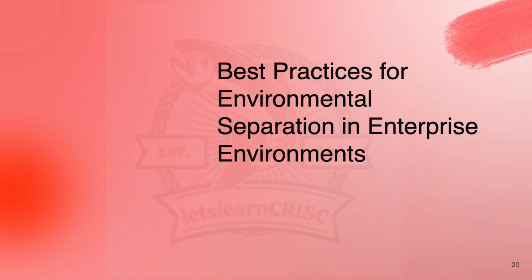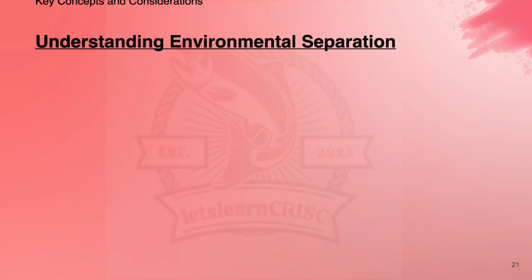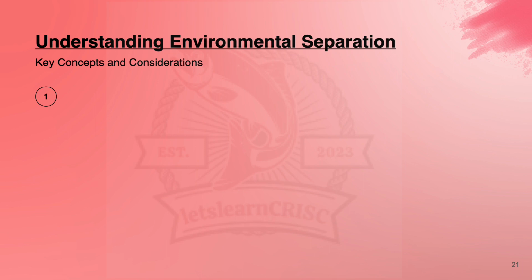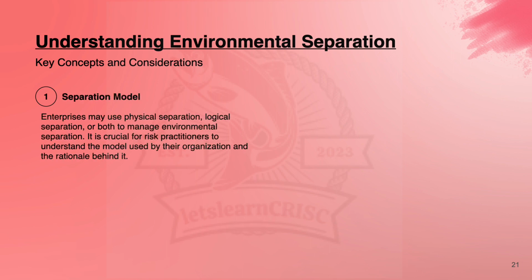Right? Moving ahead, we'll understand some environmental separation key concepts and considerations. That is the separation model first. Right? Friends, enterprises manage environmental separation using physical separation, logical separation, or a combination of both, right?